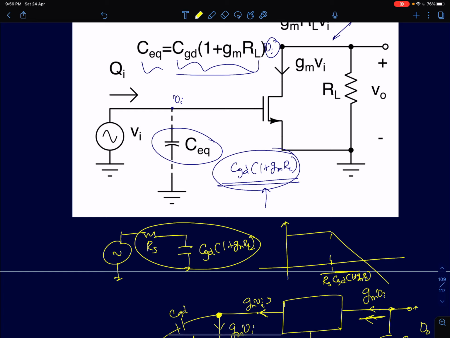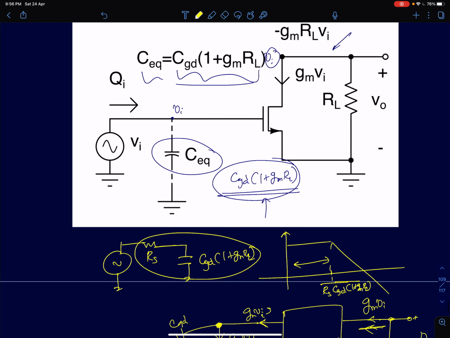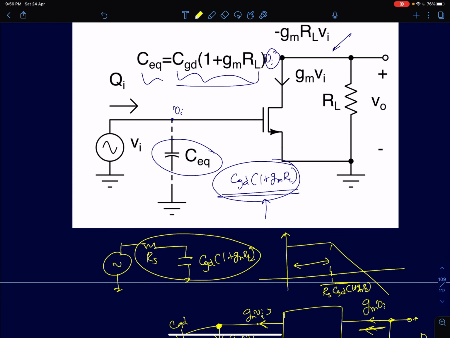So the larger the gain that we design this amplifier for, the lower will be the pole, and so the lower will be your bandwidth. That was the problem in a conventional common source amplifier: the bandwidth was dependent on the gain as well. The higher the gain we design this for, the lower will be the bandwidth.